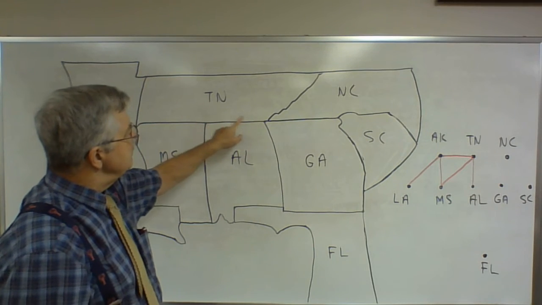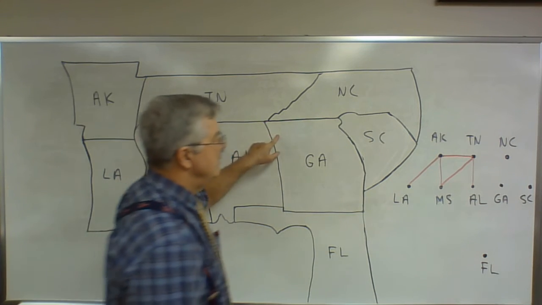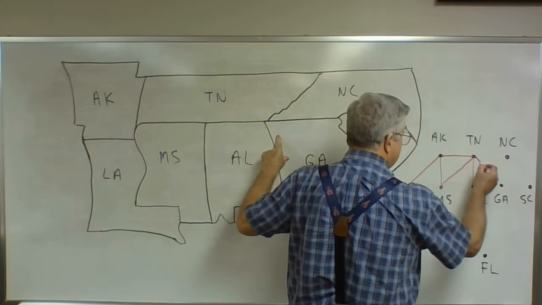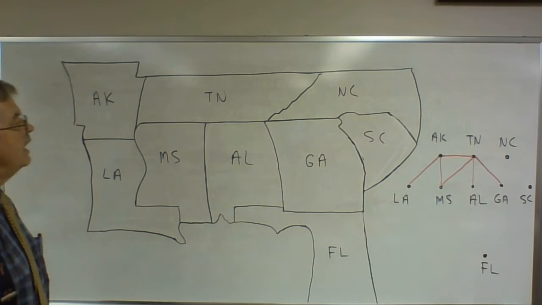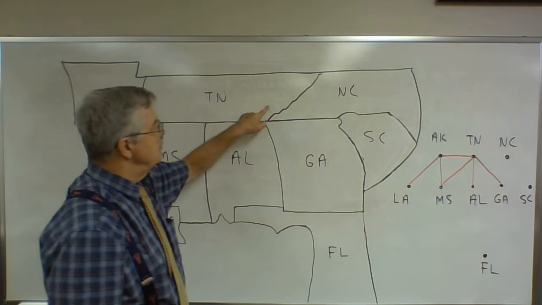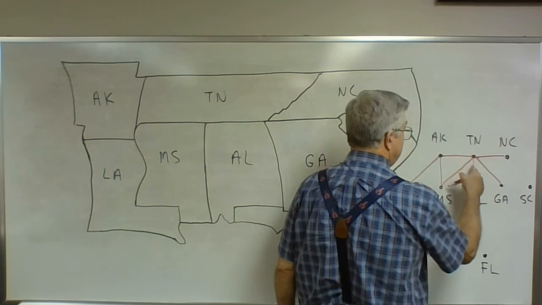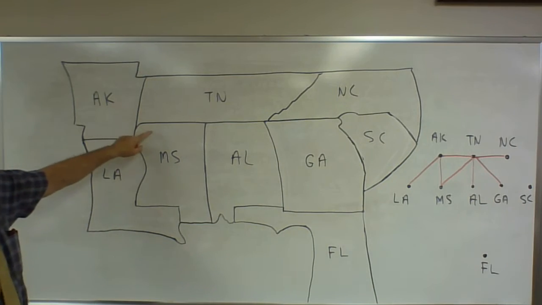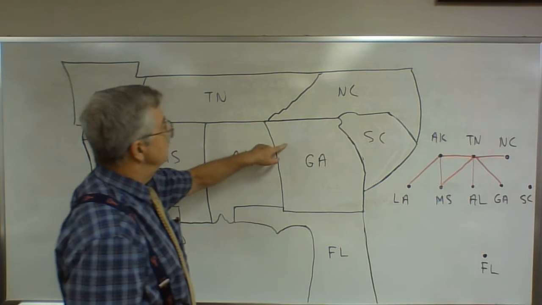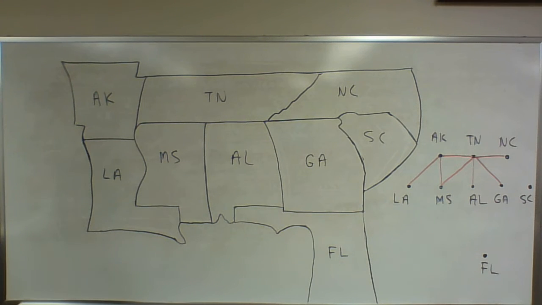And Tennessee shares a little bit of a border with Georgia. So we got to put that in. And Tennessee shares a border with North Carolina. Let's see, 1, 2, 3, 4, 5. Yep. Tennessee borders on 5 states.